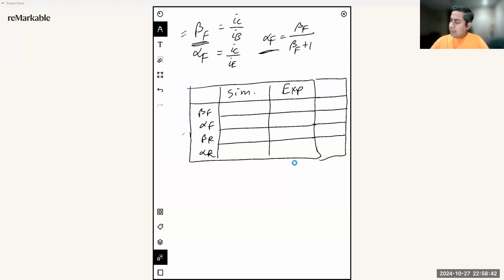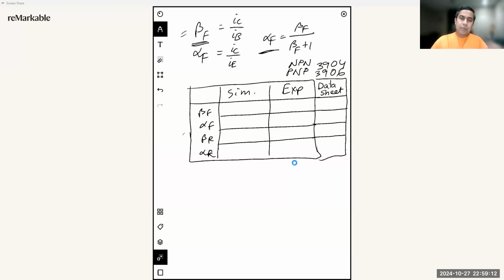And what we are also going to do is verify their numbers from the datasheet for 2N3904 and 2N3906. So we are going to do it for both NPN and PNP BJTs. We are going to get all of their simulated gain results, the experimental gain results, and then their ideal datasheet numbers.